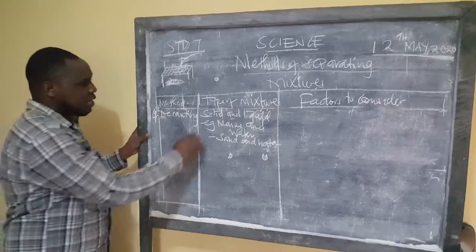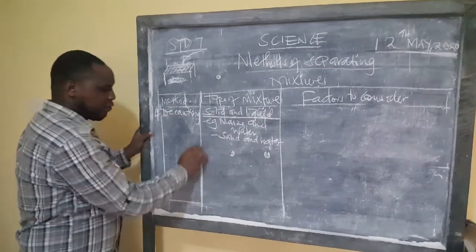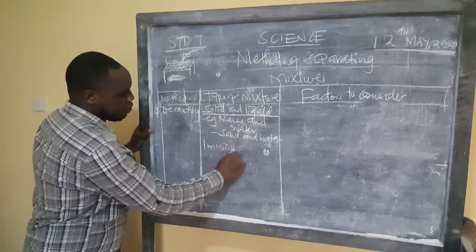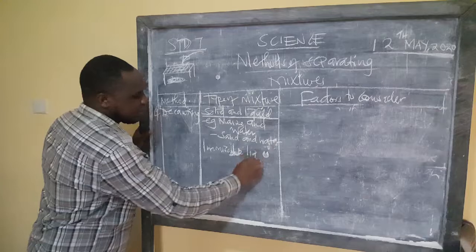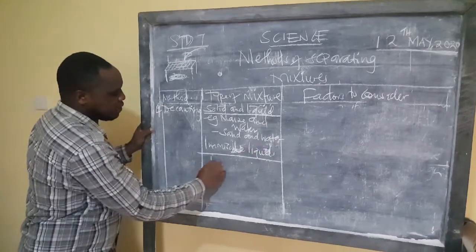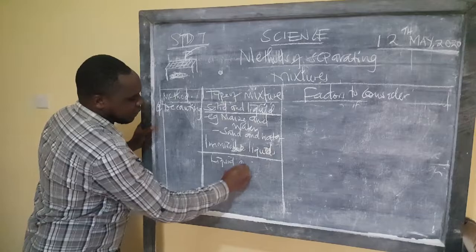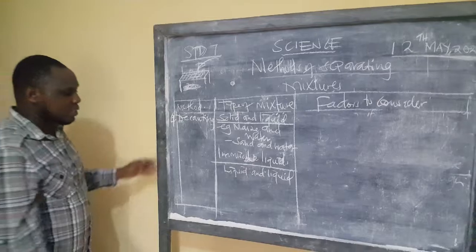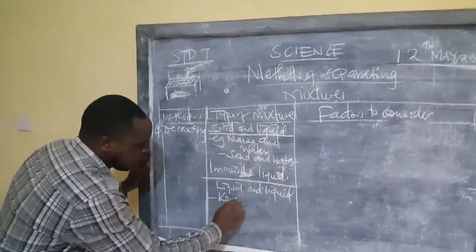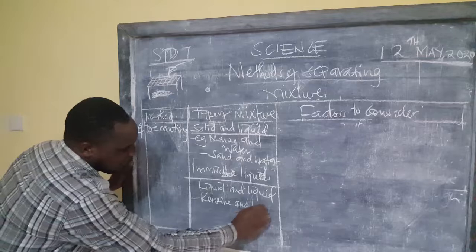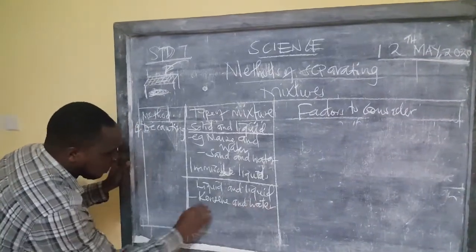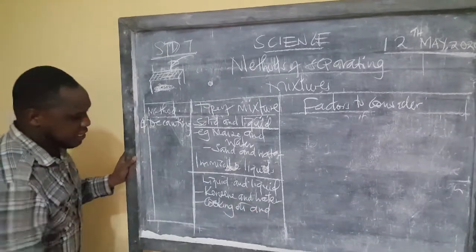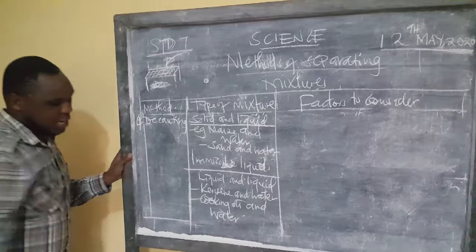Number two type of mixture. We have said solid and liquid. We have number two, immiscible liquids, that is a liquid and liquid mixture. This liquid and liquid mixture can be either kerosene and water, or cooking oil and water.